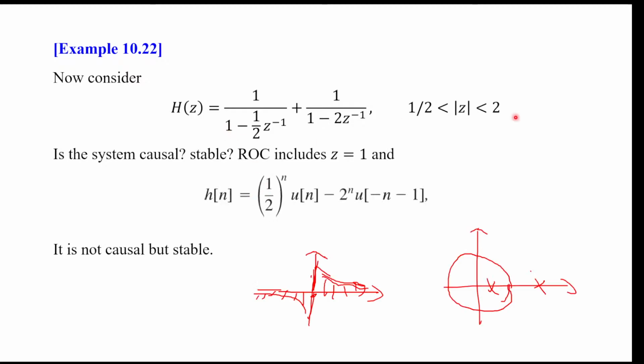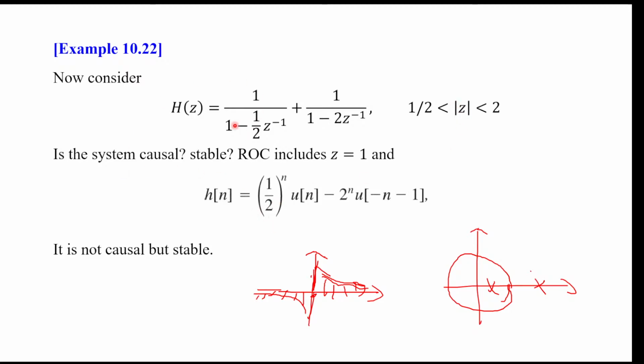So it's stable because now the ROC includes |z| equal to 1. Here we have a small sketch: the ROC between 1/2 and 2 includes the unit circle. And it's also not causal because the ROC is not outside the outermost pole. We can also check both properties from the inverse transform. Now this ROC is outside of the first pole and inside the second pole.